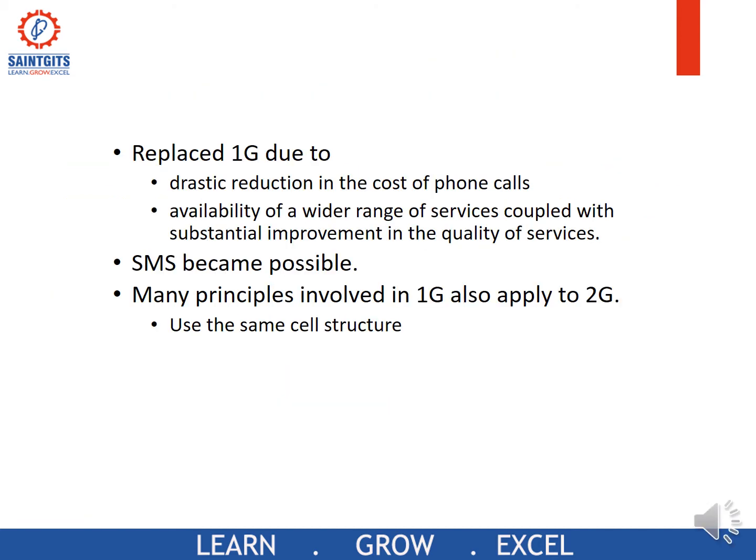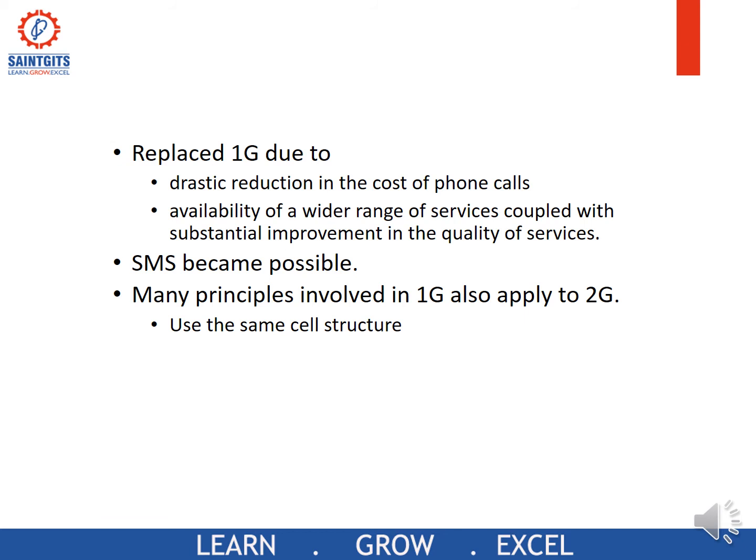This slide shows why 2G replaced 1G. The cost of phone calls was drastically reduced in 2G technologies. Then there was the availability of a wider range of services and improvement of quality of services.